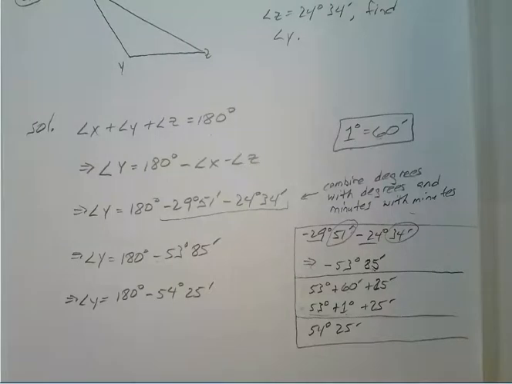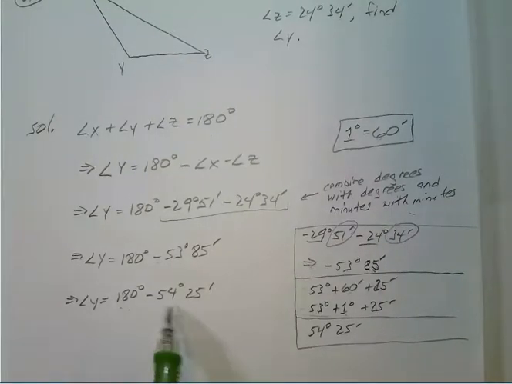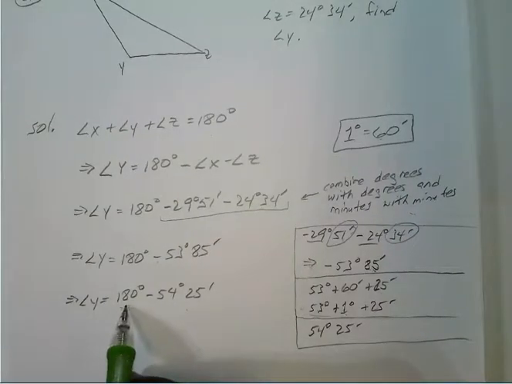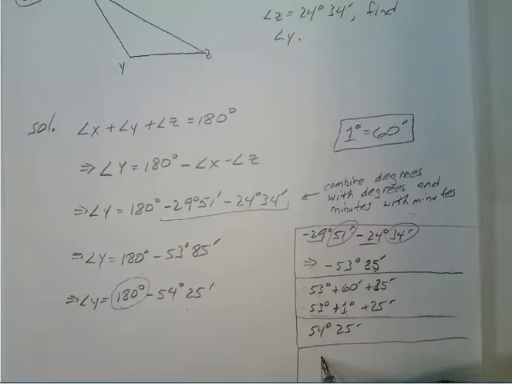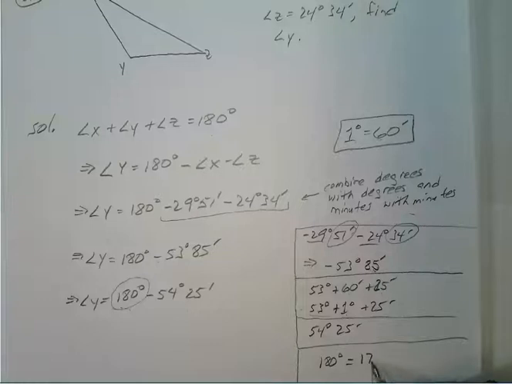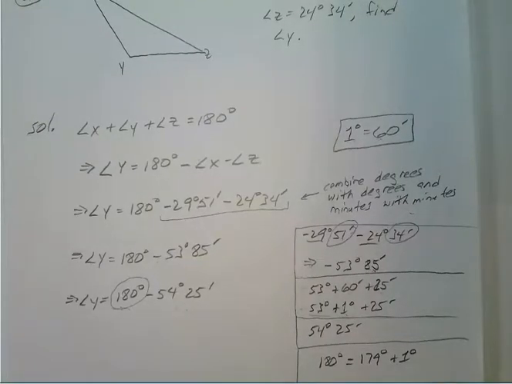Now we actually can combine these two, believe it or not. What we're going to do is break this 180 degrees apart. If you remember, you can make 180 degrees equal 179 degrees plus 1 degree.